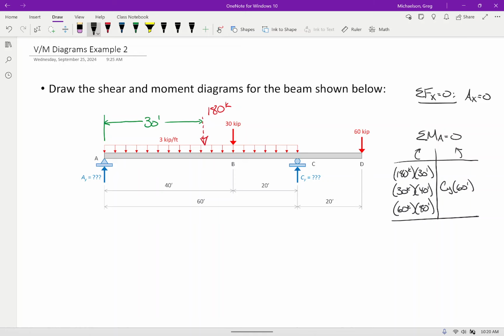All right. So 180 times 30, I think that's 5,400. This is 1,200. This is 4,800. So I think that sums out to what, 11,400?